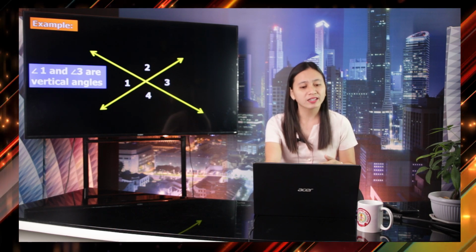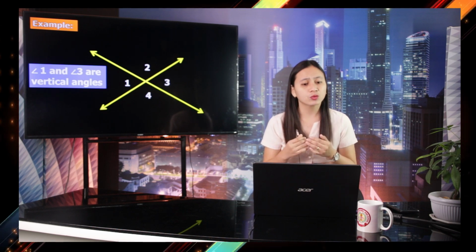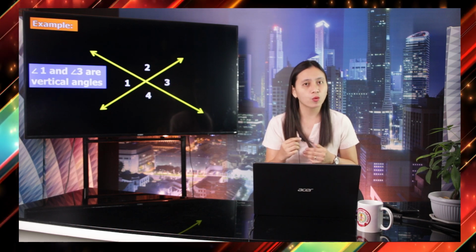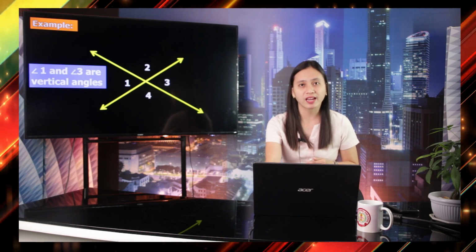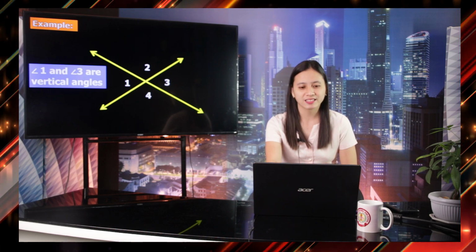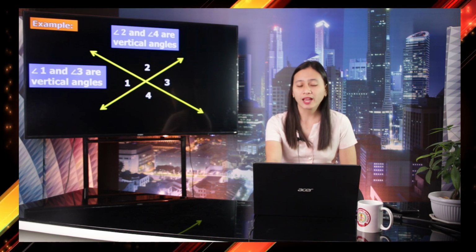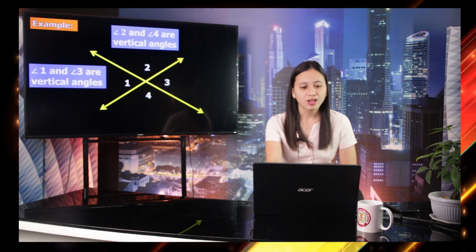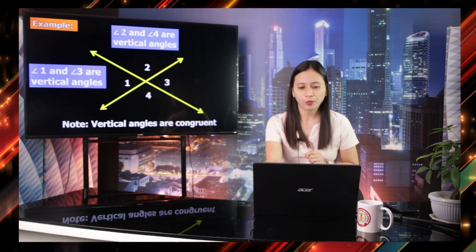We also have angle 2 and angle 4. Even though they have a common vertex, they don't have a common side. So, since they don't have a common side, we can say that they are non-adjacent angles. So, we can say also that angle 2 and angle 4 are vertical angles. Now, remember that vertical angles are congruent.